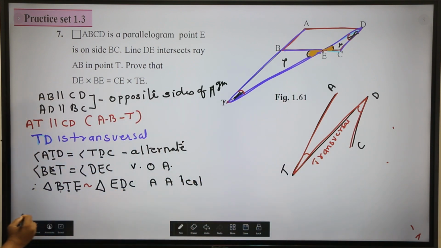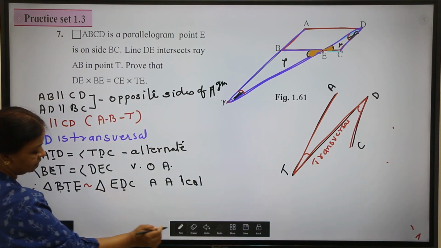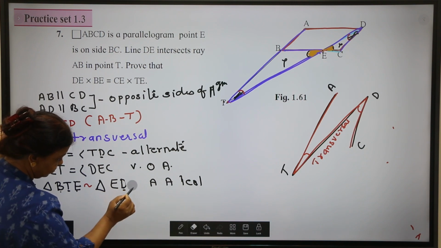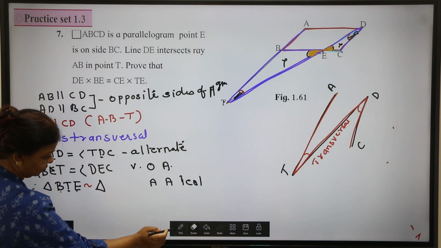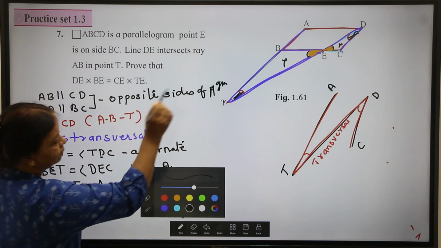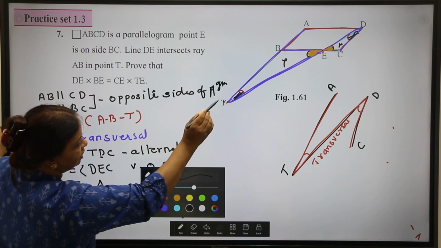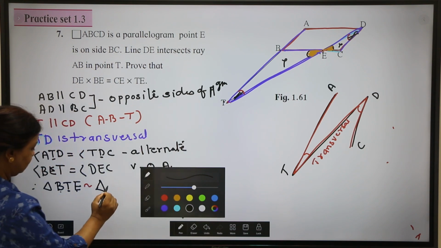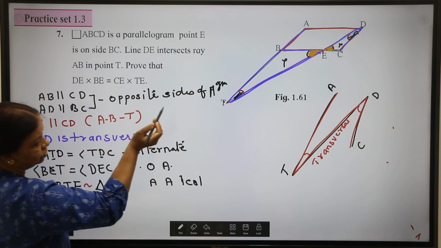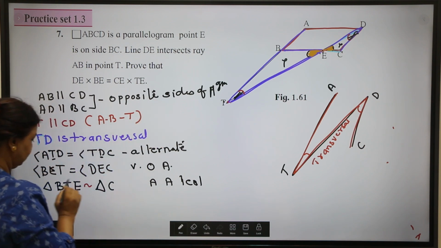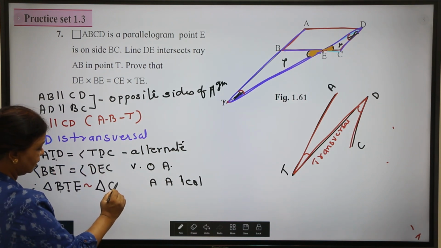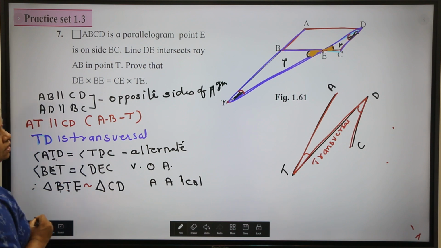So there should be E here. See, BTE. So I can write here C. First I will write C because B is not equal to C, given. T is equal to what? D. CD.